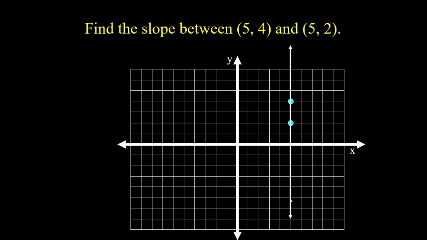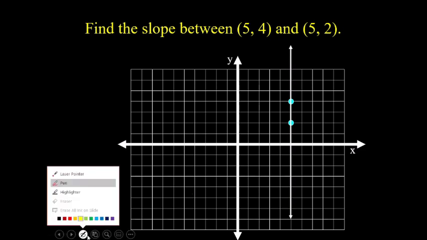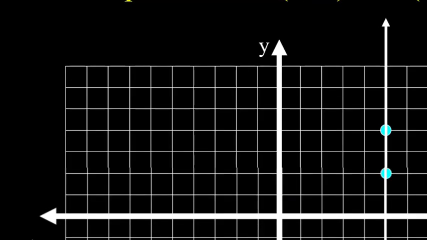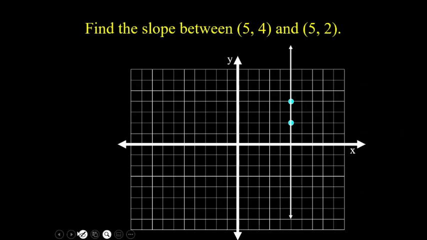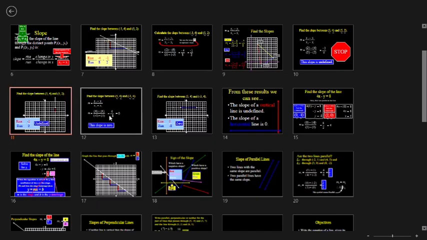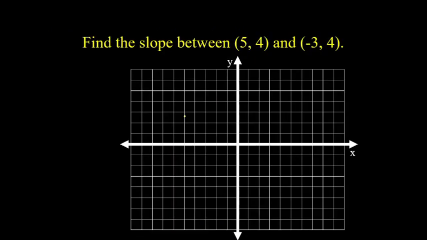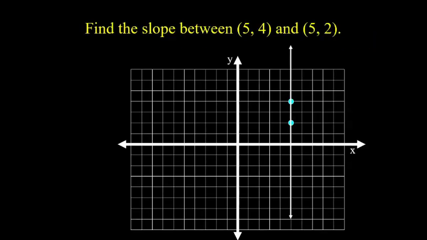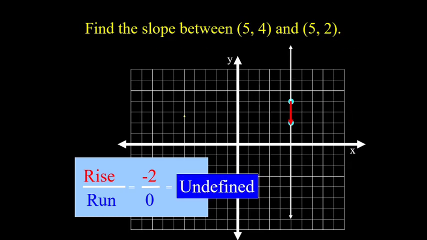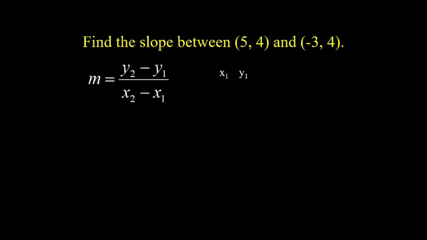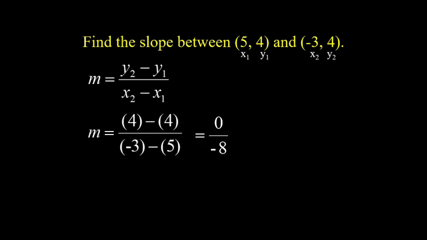What if ganito 0 naman? Ayun. Ito, 0. So, 4 minus 4, 0.